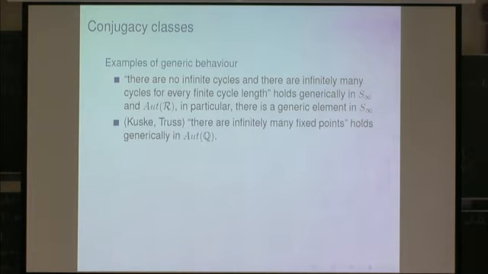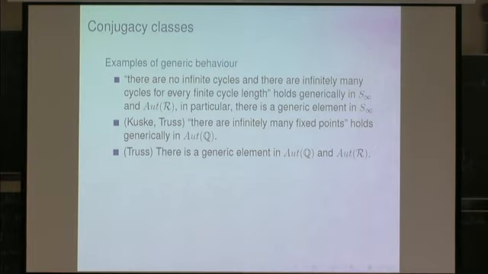There are also some other results. For example, it is known that in the automorphism group of Q, a typical element has infinitely many fixed points, and also it was proved by Truss that there are generic elements in the automorphism group of Q and in Aut R as well.